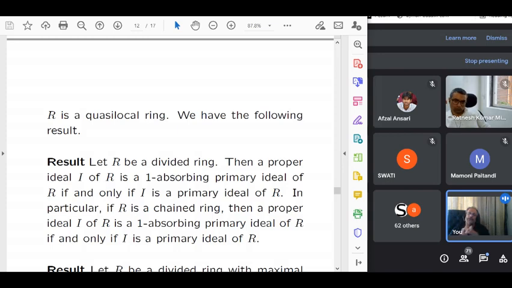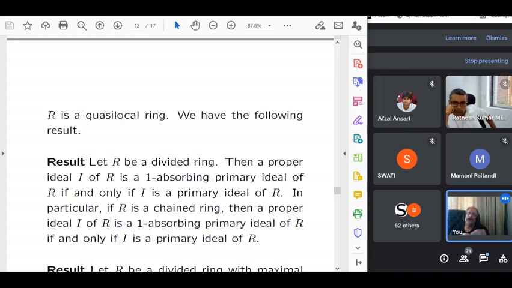I tell you yes. Take valuation rings, because valuation rings are divided rings. Take pseudo-valuation rings; pseudo-valuation rings are divided rings. By the way, if you have a divided ring, that's crucial, that means the prime ideals are linearly ordered.